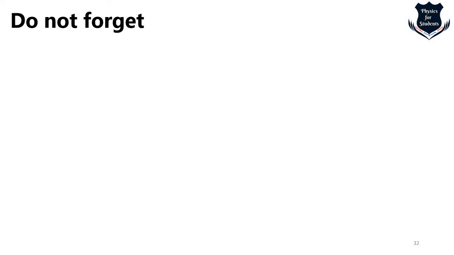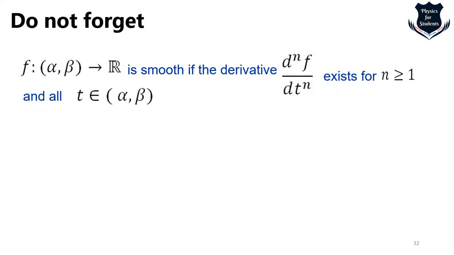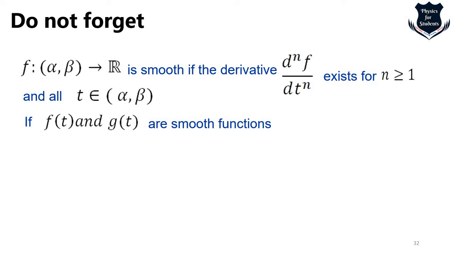Note one thing we are just missing out, so I just make a note. We should not forget right now that a function f which takes (alpha, beta) and maps to R is smooth if the derivative exists for all n greater than or equal to 2, for all t members of (alpha, beta). So if f(t) and g(t) are smooth functions, then what happens is wonderful.